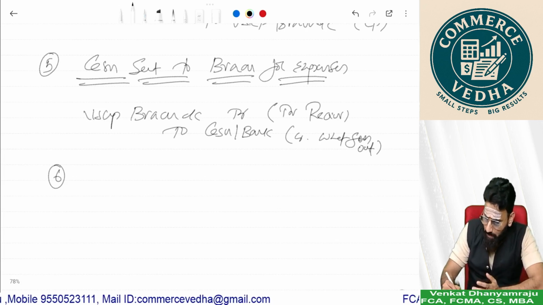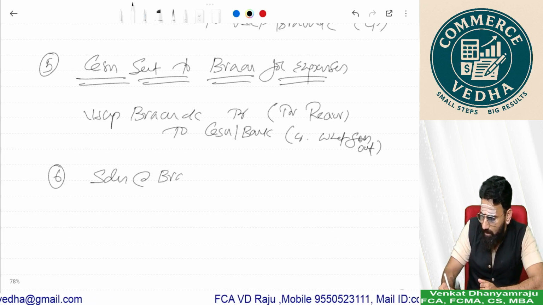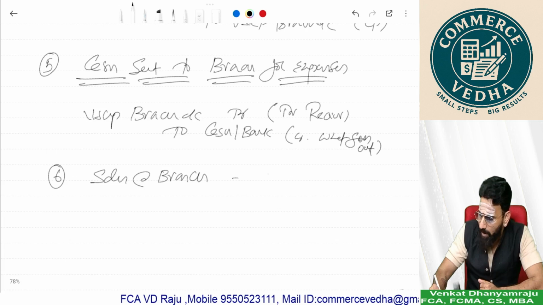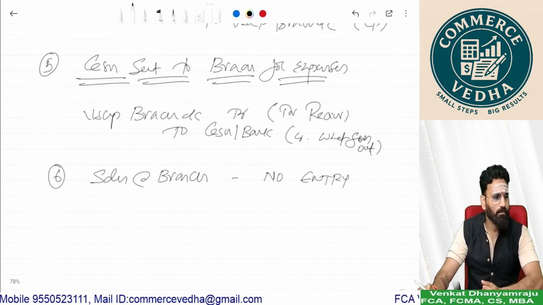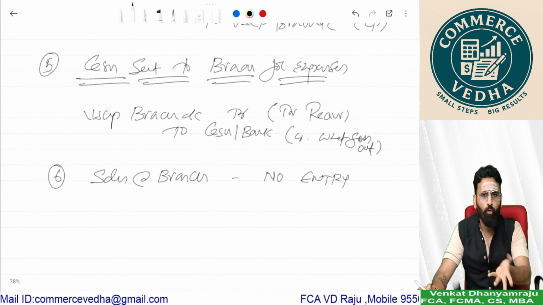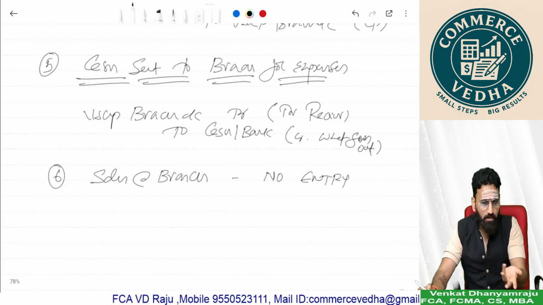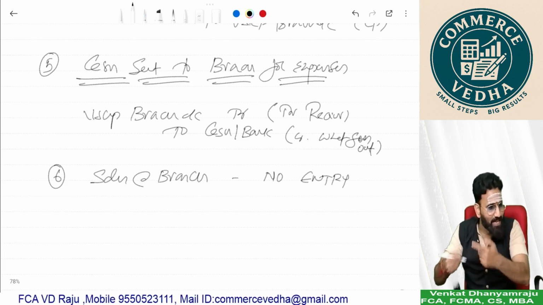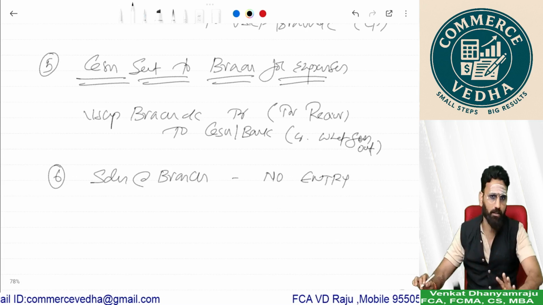Now the sixth one, we should now understand what happens. Branch can make sales at branch. We should not pass any entry, no entry. Why? Because branch is selling, nowhere head office is included. Nowhere. So head office is not getting anything. It's an internal transaction. Sales at branch is internal transaction. We don't record here.